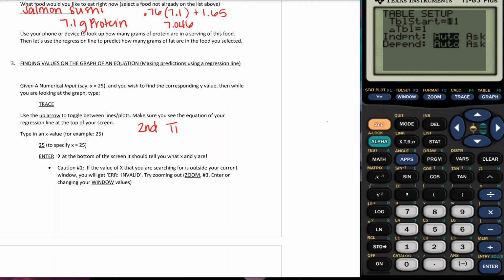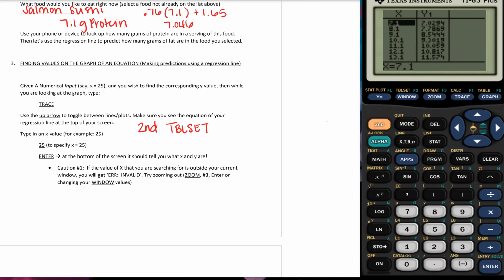So we're going to do second table set. And we're actually looking for, well, in our case, is going to be 7.1. I'm going to hit enter. And then I'm going to hit second table, and I'm actually going to get my answer, which when I actually look at it is 7.03.